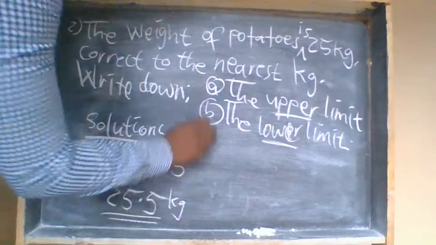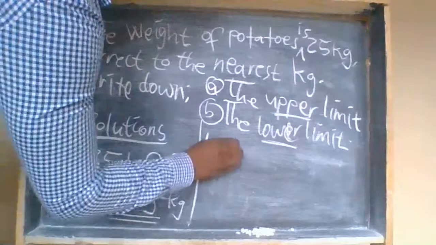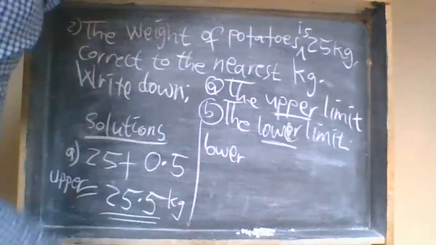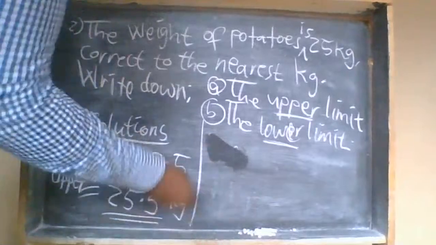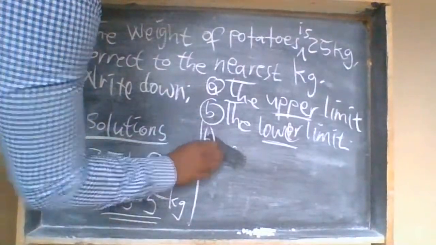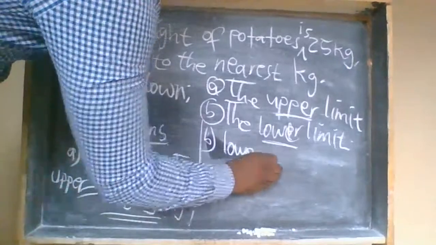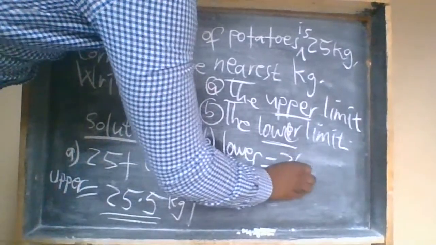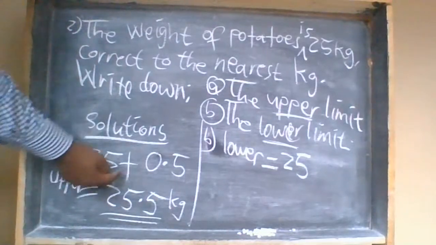Now for our lower limit, this one should be B. Our lower limit is equal to 25. For the upper, you add.